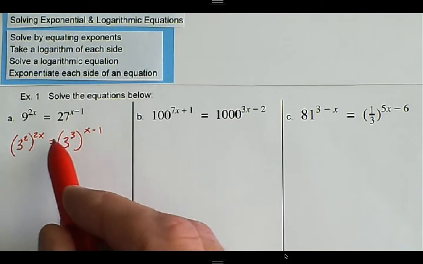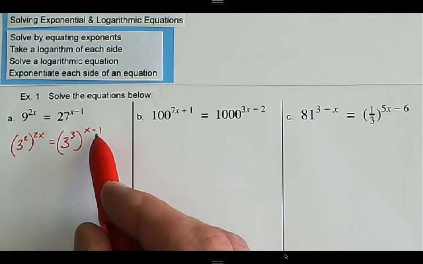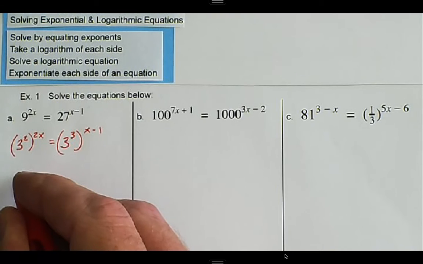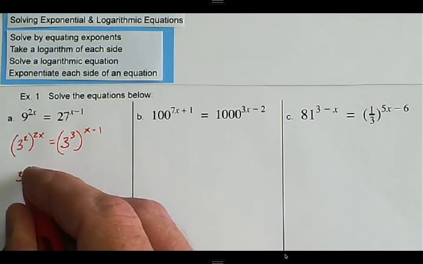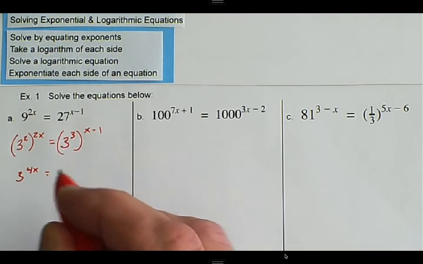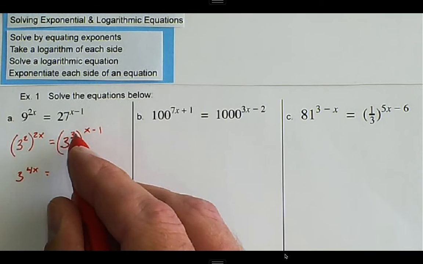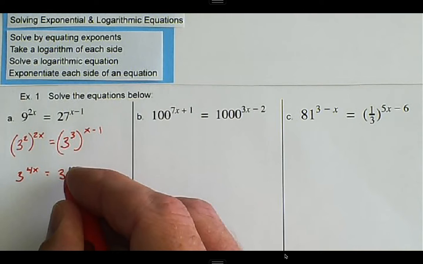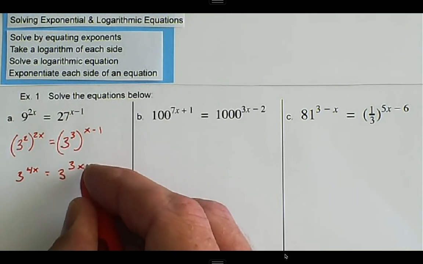Now we can distribute or multiply this together. So 2x times 2 ends up being 3 to the 4x. And then we can multiply the 3 times the x minus 1, and we get 3x minus 1.